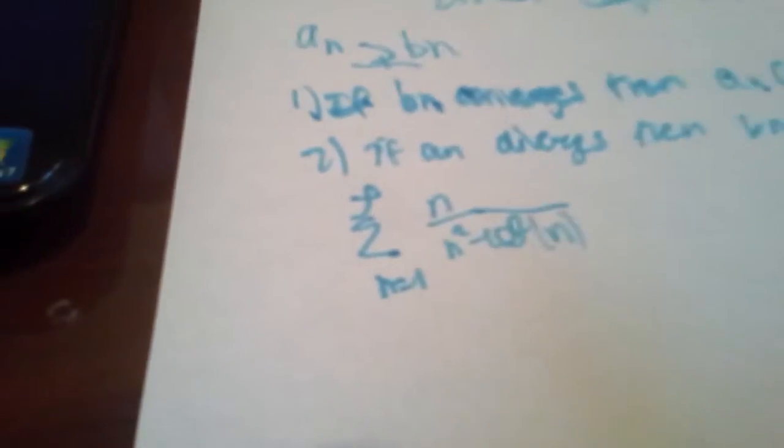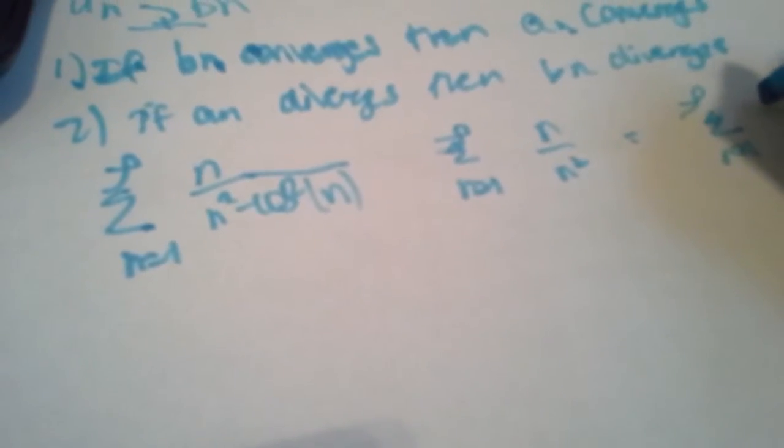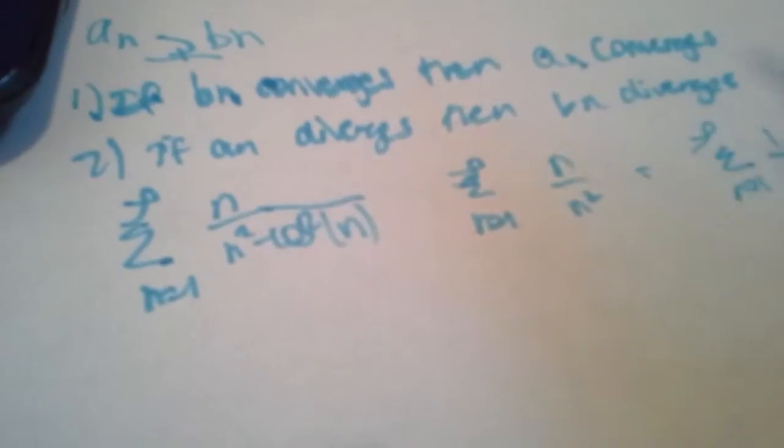A bit of a hint: cosine squared doesn't really change much since it oscillates between 0 and 1, so we can kind of ignore that. And so we can rewrite it as the sum from n equals 1 to infinity of n over n squared, which also equals the sum from n equals 1 to infinity of 1 over n.